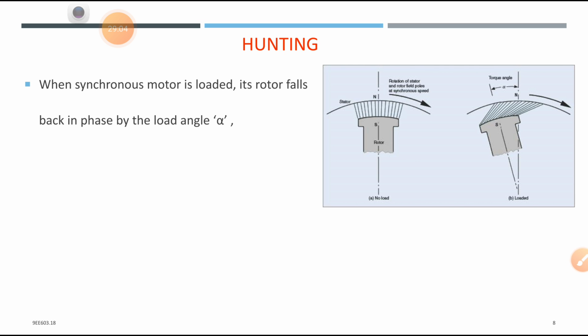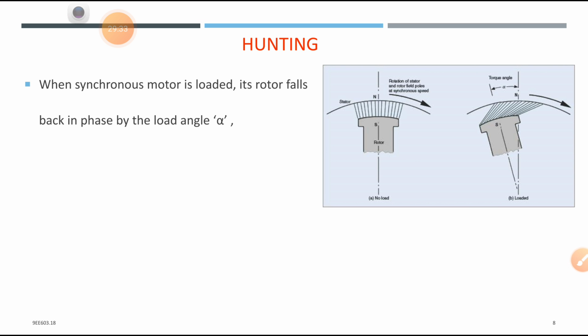Now when the synchronous motor is loaded, what happens inside? You can see how the rotating magnetic field and rotor magnetic field are coupled to each other. In the first case you can see both are on the same axis, when, due to the small losses to meet, alpha is very small. What will happen if the load on the motor increases? The rotor falls back.